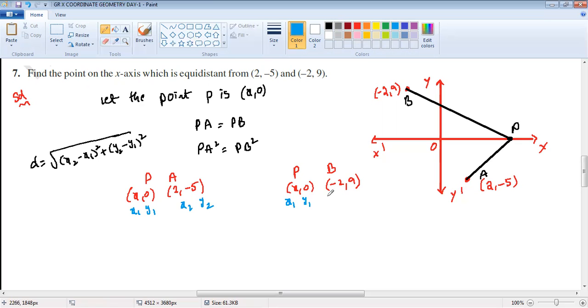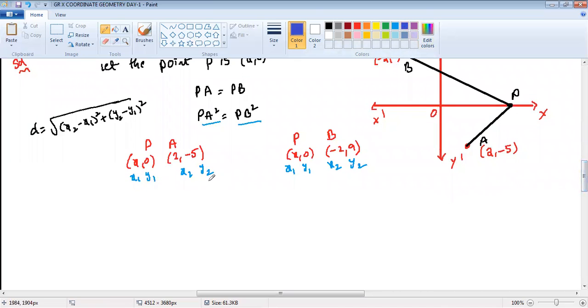Now PA square is equal to PB square. Again, the square root is not required. Now applying that: (2 minus x) whole square plus (-5 minus 0) whole square equals (-2 minus x) whole square plus (9 minus 0) whole square.